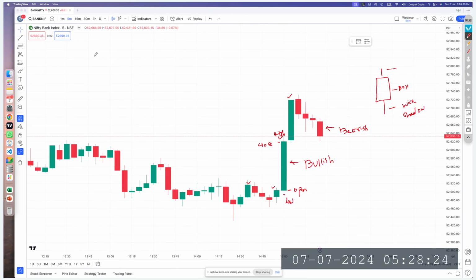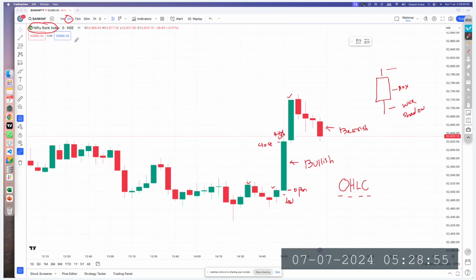That means since we are visualizing this on a 5-minute time frame, what happened to the price of this asset, which is Bank Nifty, in a 5-minute duration is plotted by this candle. So what you see is something referred to as OHLC data. Open, high, low, close.